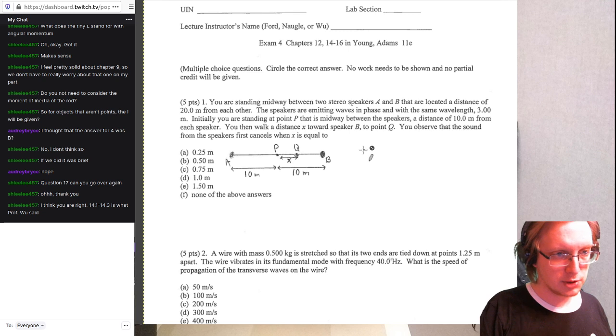So this goes up, and then 3 meters later, we're up again, and then another up there 3 meters later.